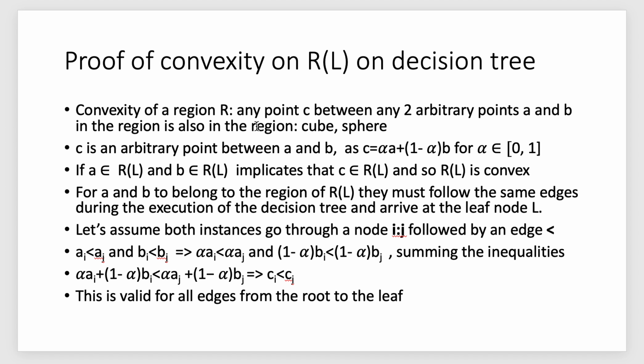Like a cube, the full cube including its interior: any point between two points in the cube is also in the cube. This is a convex region. A sphere, the same way, the full sphere including its interior, is convex because if I take any 2 points in this region, all points between them are still in the region.